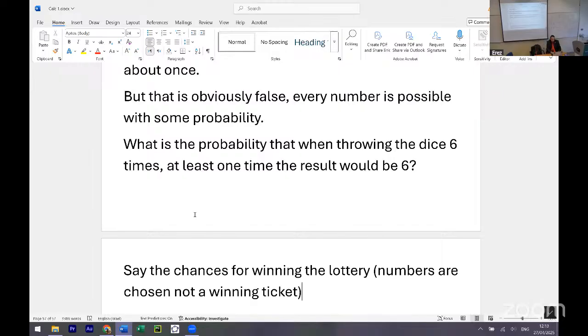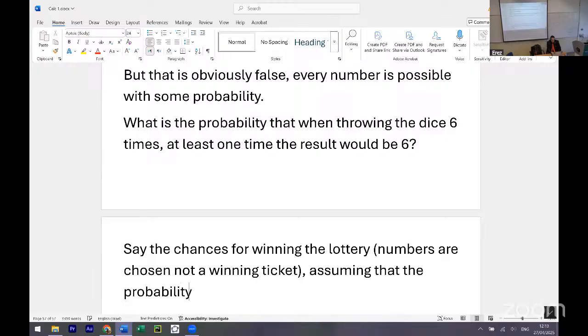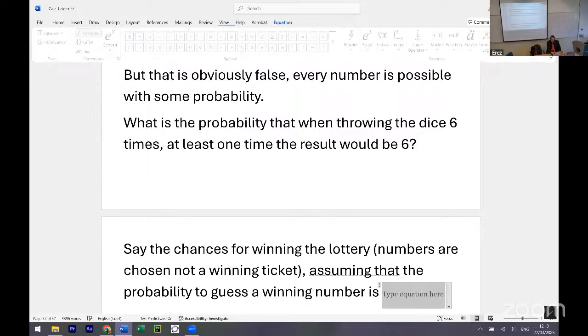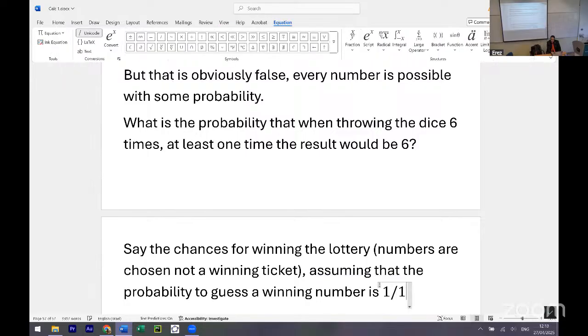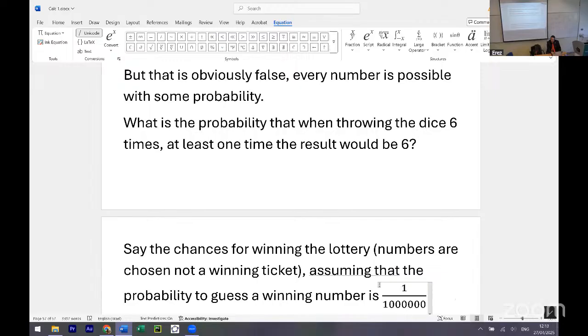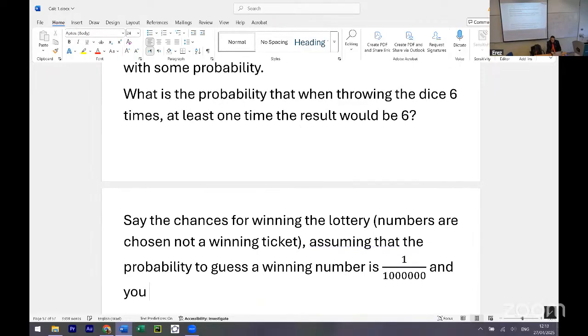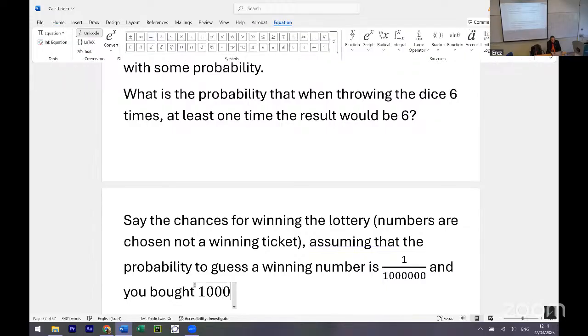Okay. So what are the chances of winning the lottery, assuming that the probability to guess a winning number is, I don't know, 1 out of 1,000,000, and you bought 1,000,000 tickets.